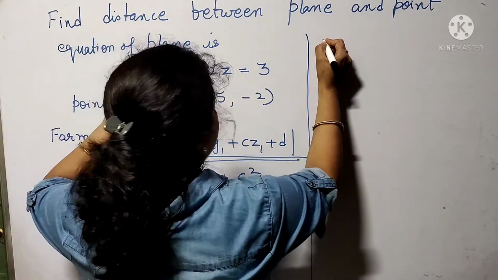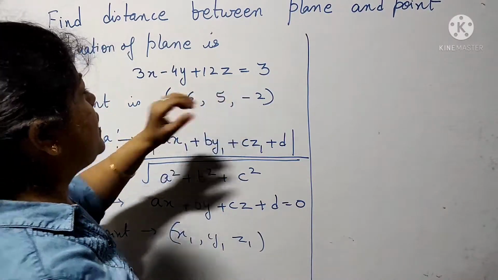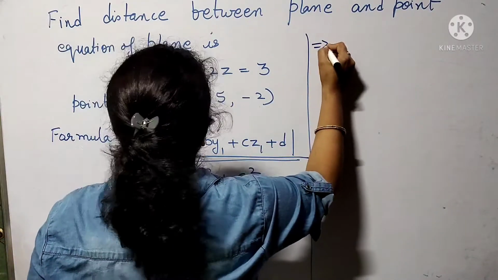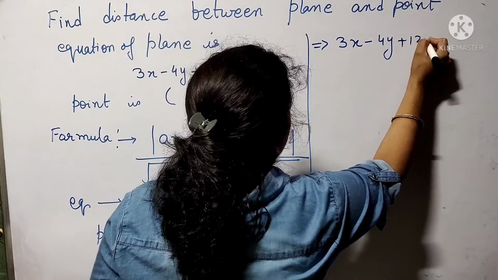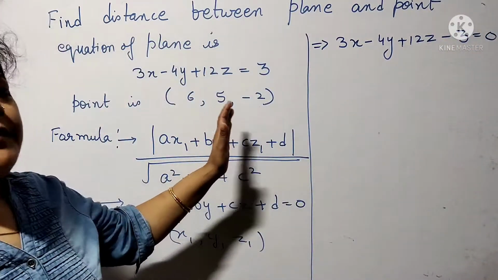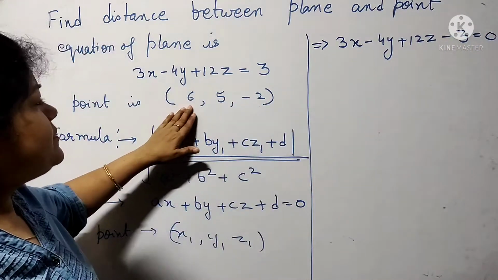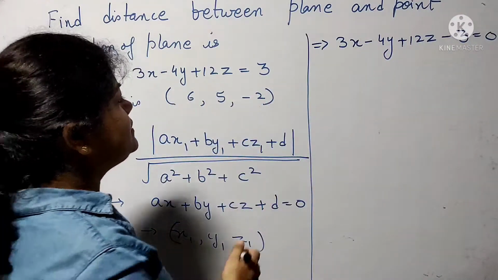We have the equation of the plane 3x minus 4y plus 12z is equal to 3. So the equation of plane is reduced to this form: 3x minus 4y plus 12z minus 3 is equal to 0. Make the equation of plane in this form and then substitute the values of the point in place of x, y and z.